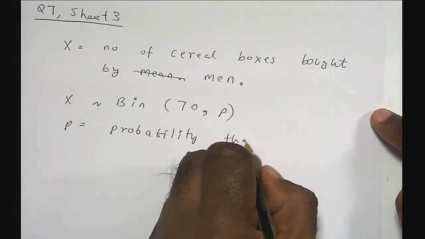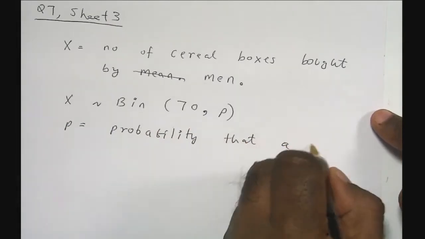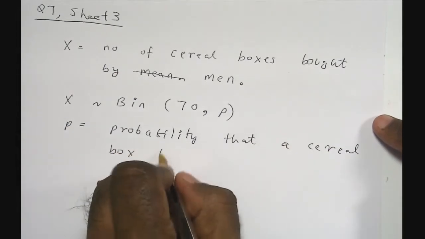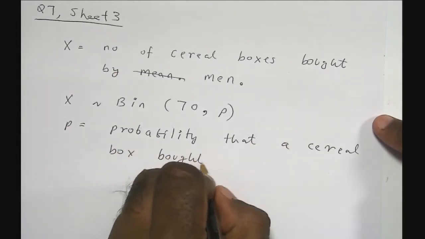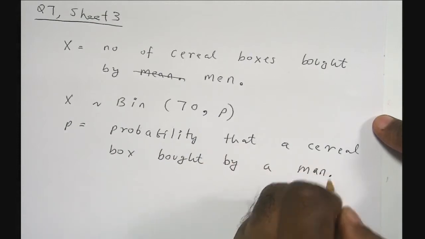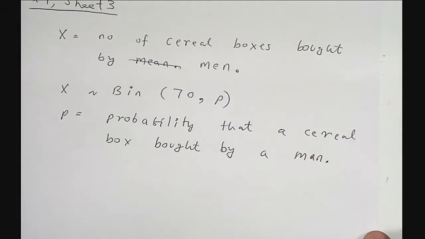that a cereal box is bought by a man. So X is the variable, the number of purchases by men, and it will have a binomial distribution with parameters 70 and P. 70 is the total number of purchases, and out of that 58 were bought by men.